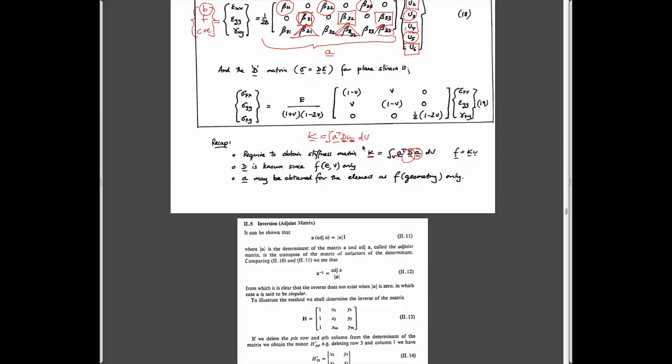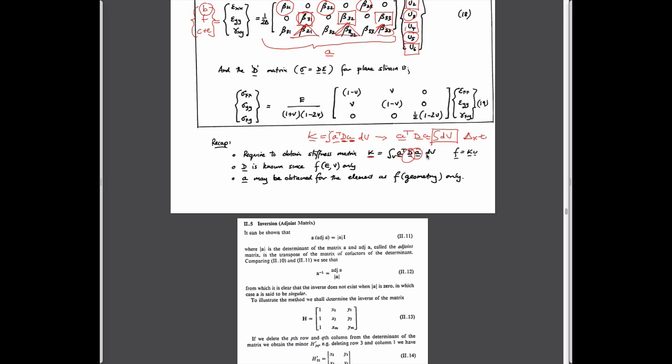The D matrix is constant, so we can also write this as A transpose D A times the integral dV. And this integral dV is just the area of the triangle times the thickness, if it's a triangle element.